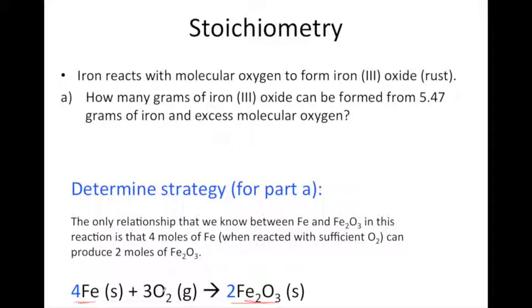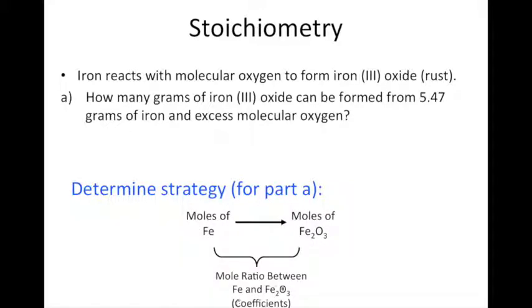There's only one relationship that we know between the iron and the iron 3 oxide. The only relationship is given by our stoichiometric coefficients. For every 4 moles of iron that we react with our oxygen, we can produce a maximum of 2 moles of iron 3 oxide. So we need to use that molar relationship as the heart of our stoichiometric calculation.